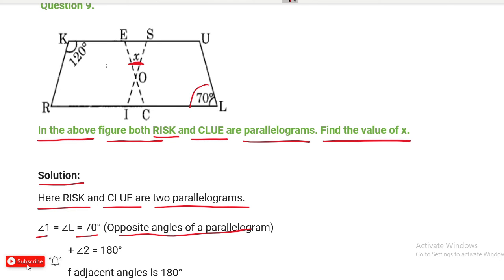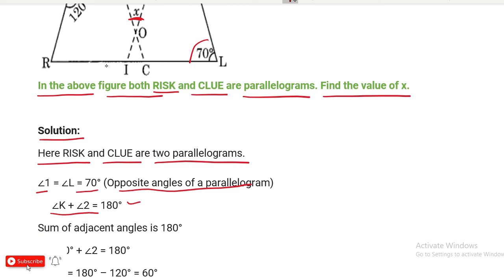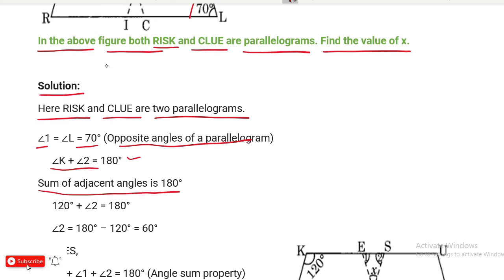Now angle K plus angle 2 is equal to 180. The sum of adjacent angles is 180. 120 plus angle 2 is equal to 180. The value of K is 120, and the value of angle 2 is equal to 180 minus 120, and this is equal to 60.